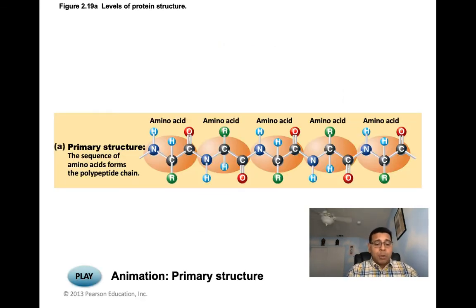Now let's look at the structural levels of proteins. There are 4 structural levels that I would like you to know about. If we were to start putting amino acids together, we're going to form a primary structure in the protein structure hierarchy.